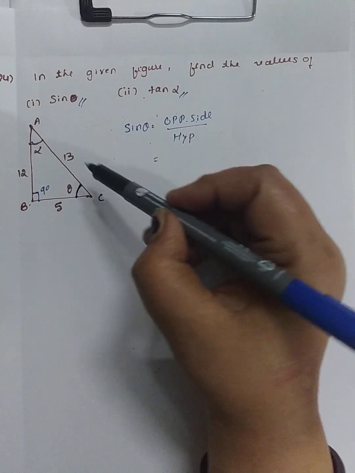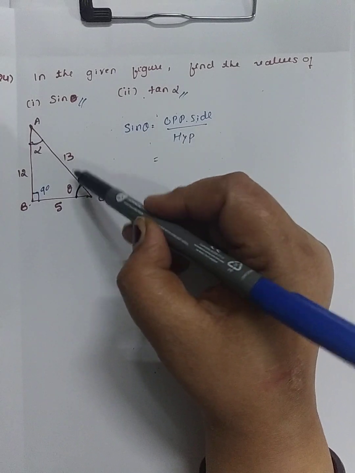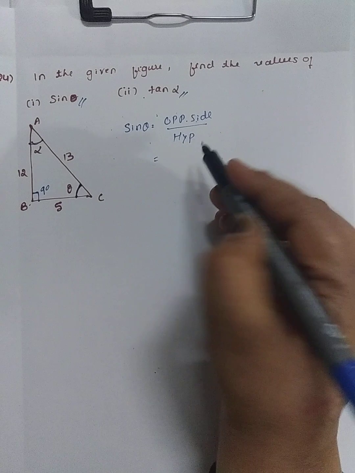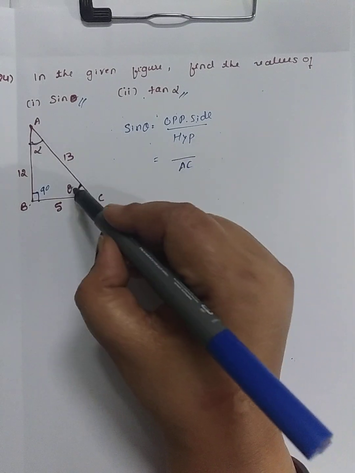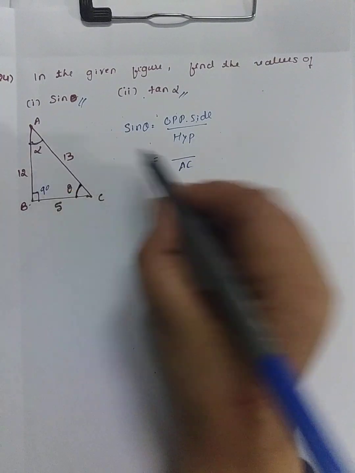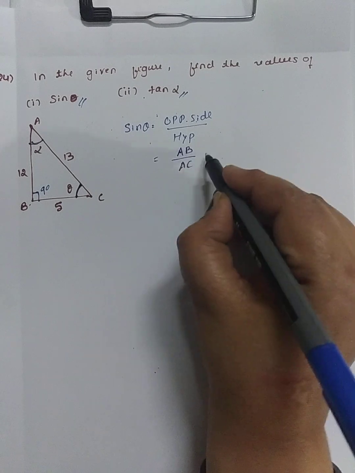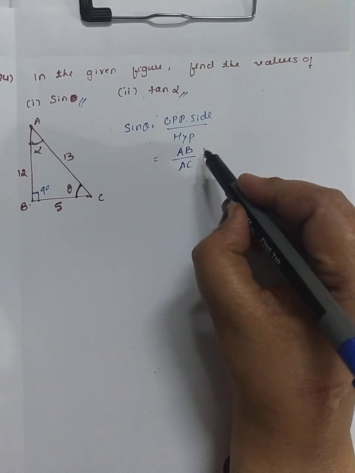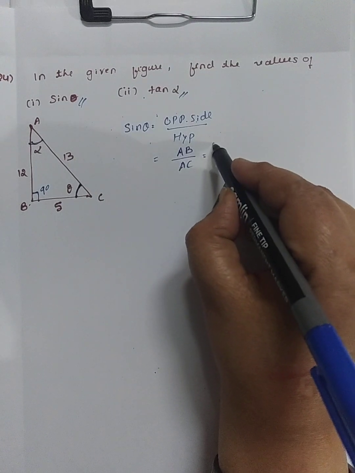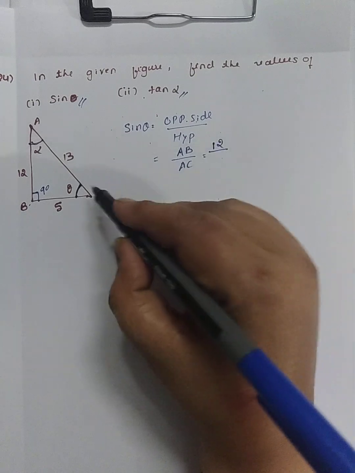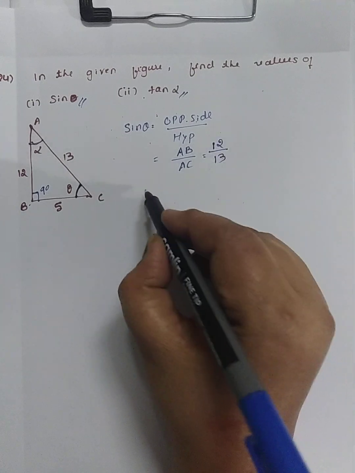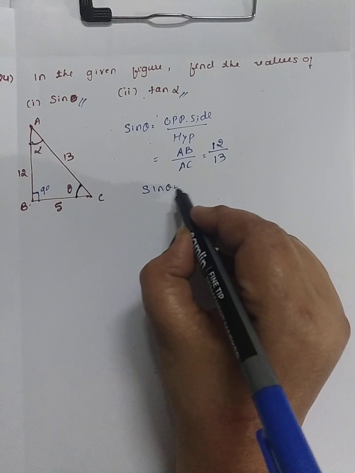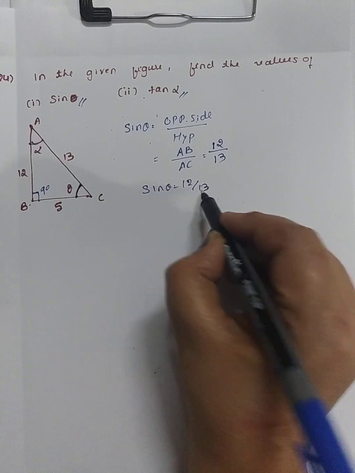For theta, the hypotenuse is 13, that is AC, and the opposite side is exactly opposite, that is AB. That is AB equal to 12 and the hypotenuse is 13. That is sine theta equal to 12 by 13.